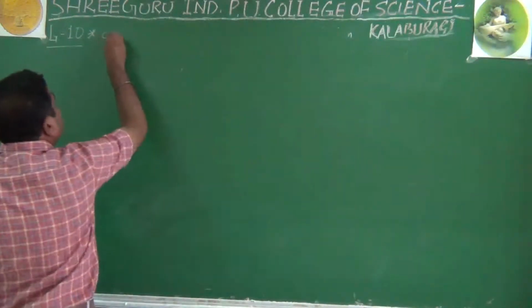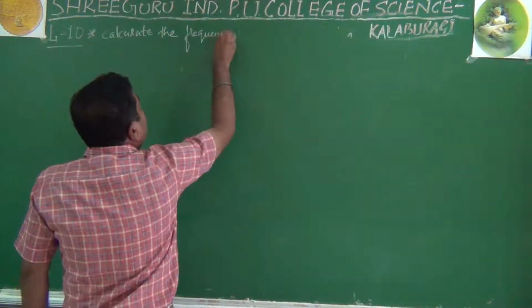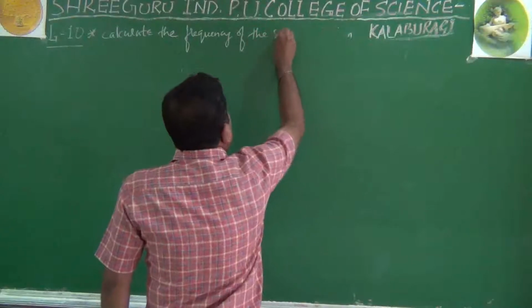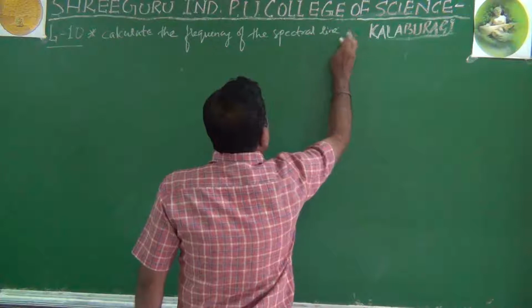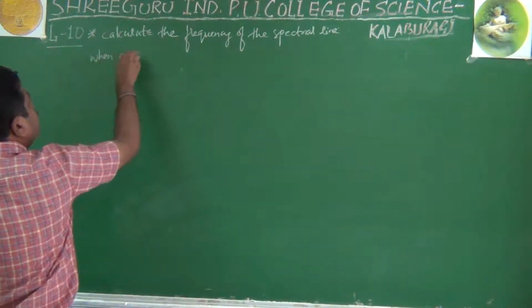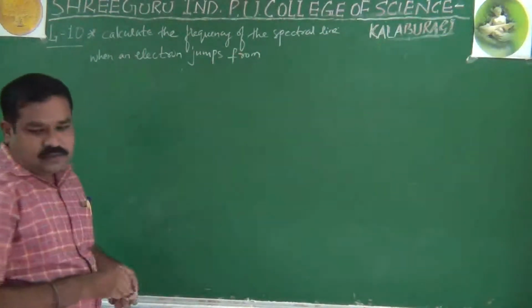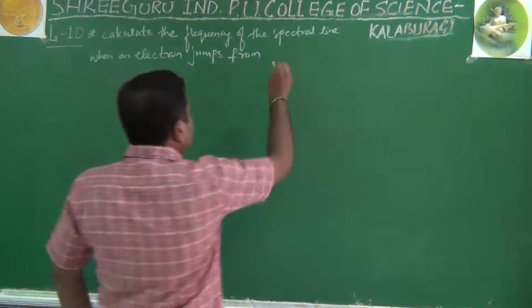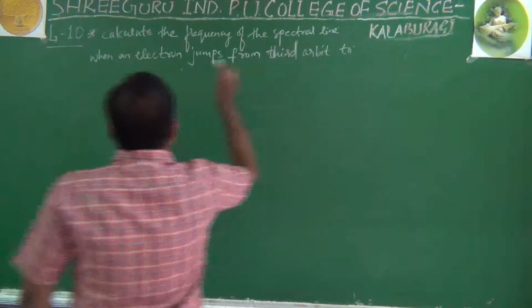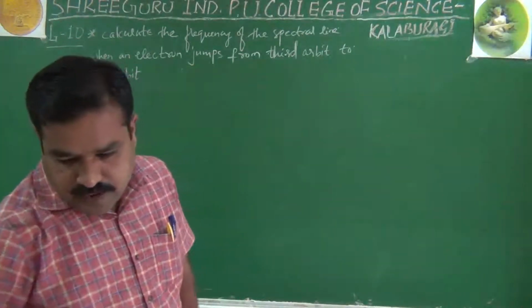Calculate the frequency of the spectral line when an electron jumps from the third orbit to the first orbit in the hydrogen atom.